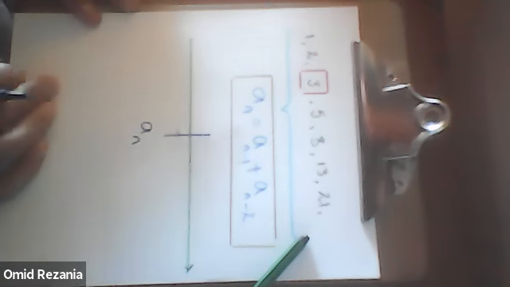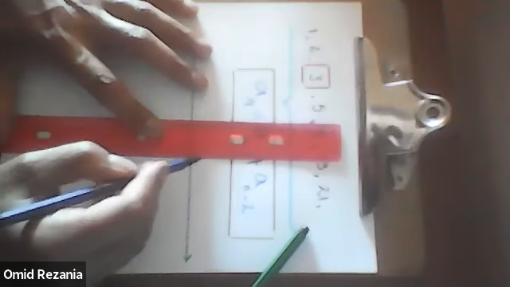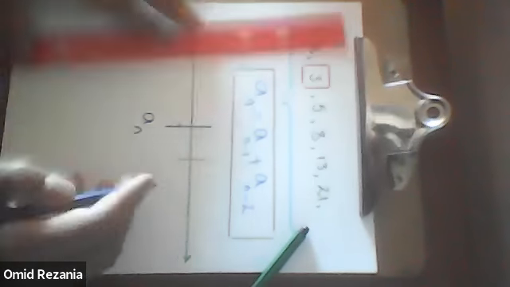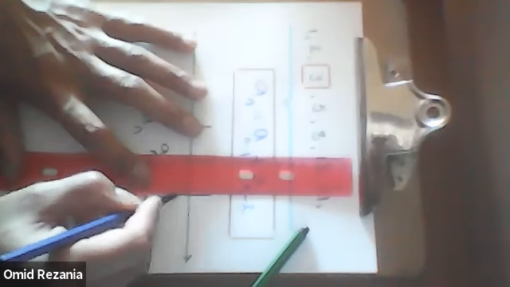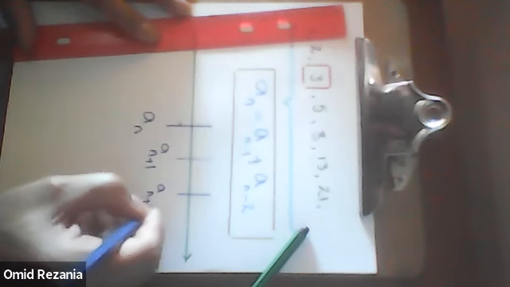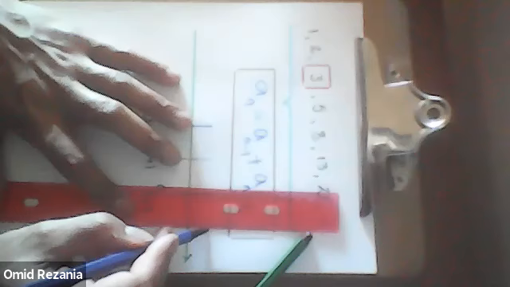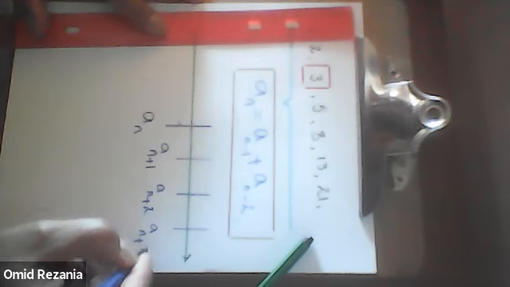AN is an element of my sequence. The next element, how should I call it? AN plus 1. The next element after that? AN plus 2. How about the last element? AN plus 3.